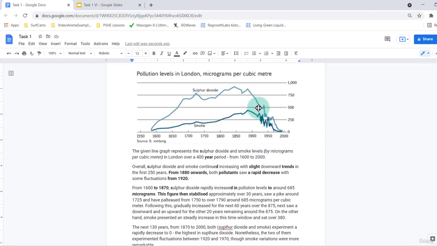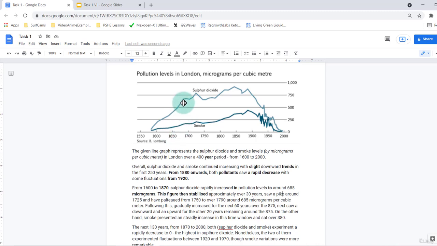So again, probably not really doing. But let's see, where exactly are we? This figure then stabilized approximately over 30 years. So we're going from 16, I'm not sure what year we're talking about here. Saw a peak around 1725.